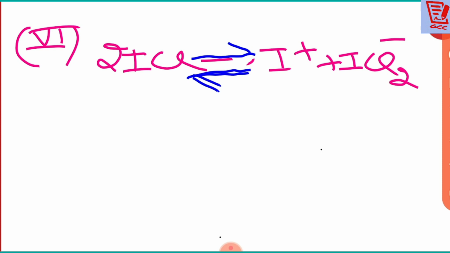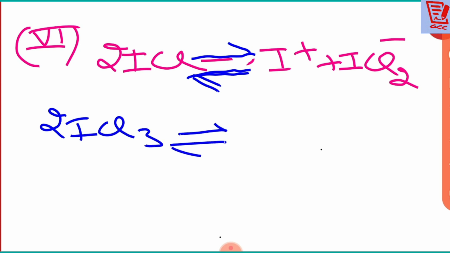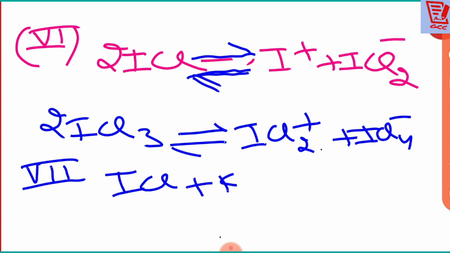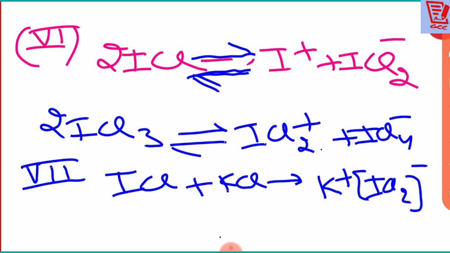Same way, one more example is 2ICl3, and they form ICl2+ plus ICl4-. One more point is that they can react with alkali metal halides. Suppose I take ICl and give the reaction with KCl, and they form K+ ICl2-.